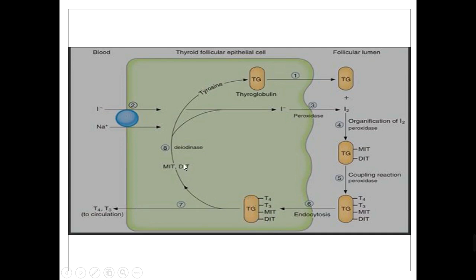They will pass through the thyroid follicular cell and undergo the deiodination process, returning to their precursors, which are the tyrosine amino acids that will form the thyroglobulin, and the iodine, which will pass into the follicular lumen to form the iodide under the effects of peroxidase enzyme.